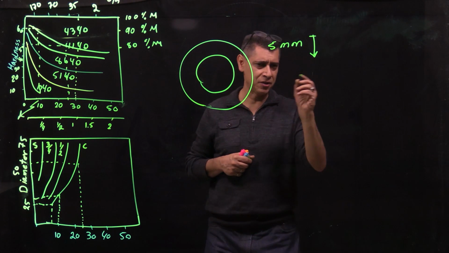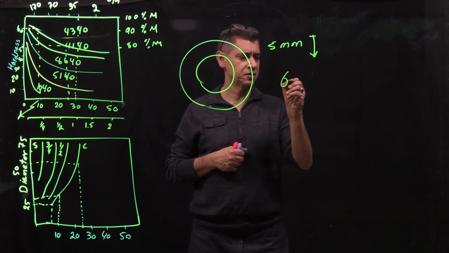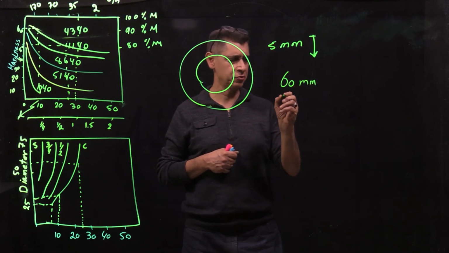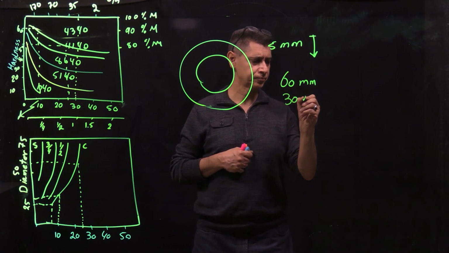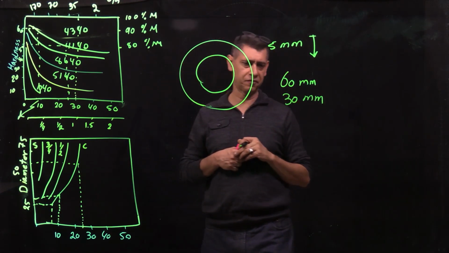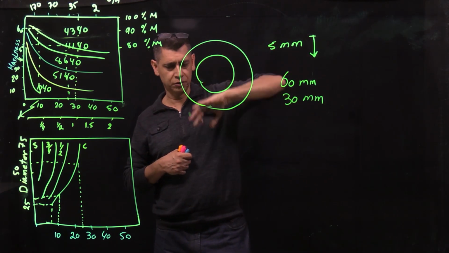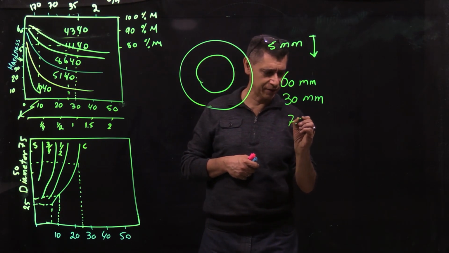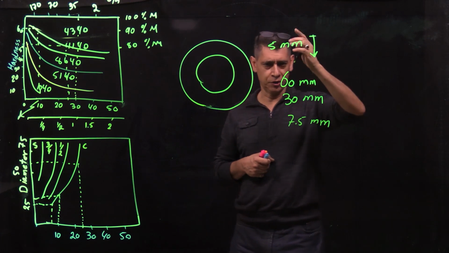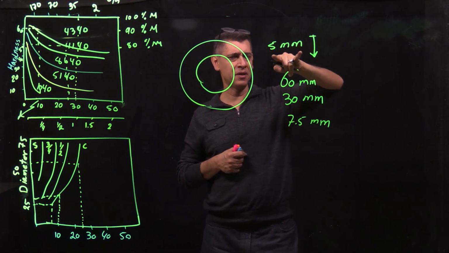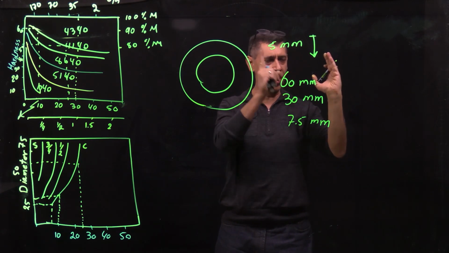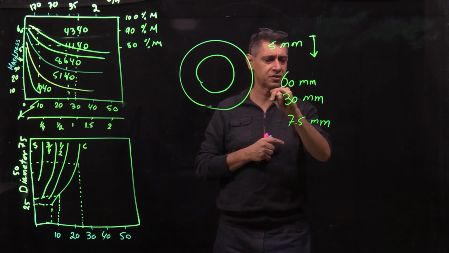If my diameter is 60 millimeter, my radius is 30, half of the radius is 15, and a quarter of the radius is 7.5 millimeter. So in this respect, 5 millimeter is between the surface and 1/4 of the radius if the diameter is 60.